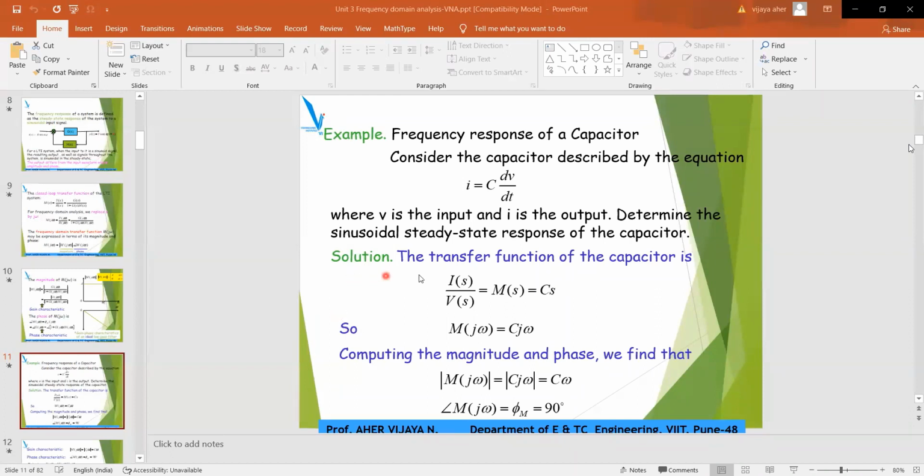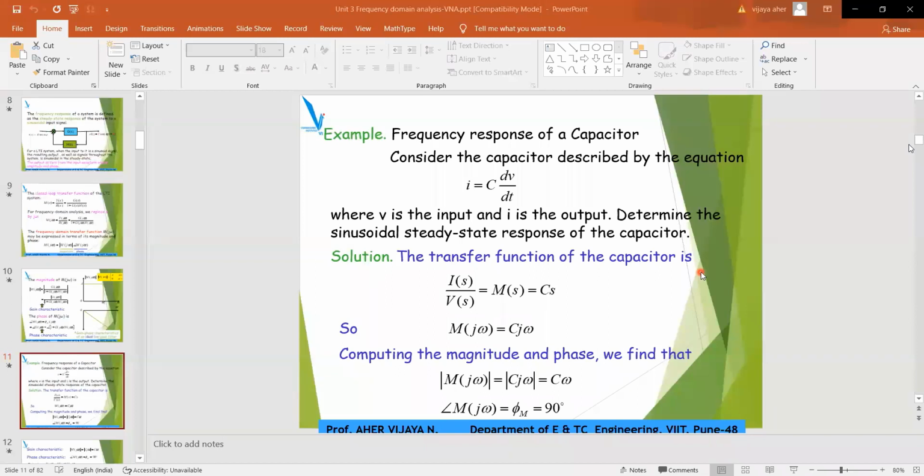Solution: the transfer function of the capacitor is, what is transfer function? Transfer function is nothing but the ratio of output to input, Laplace transform of output to the Laplace transform of input. Again, I am repeating. Yes, I got your point. Please write the definition of transfer function.